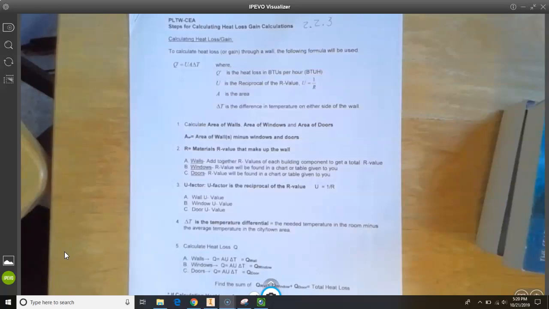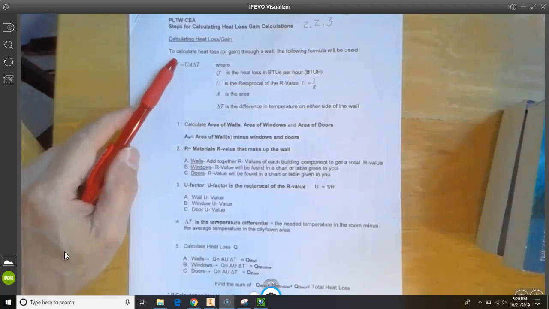Okay, so we are going to calculate the heat loss of a wall. And this wall that we're going to do is on the next page, but this is the general procedure that you go through when you're calculating heat loss and gain.